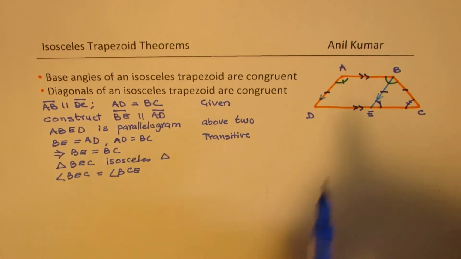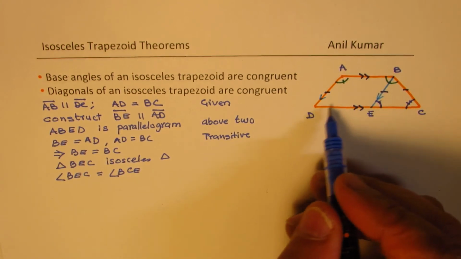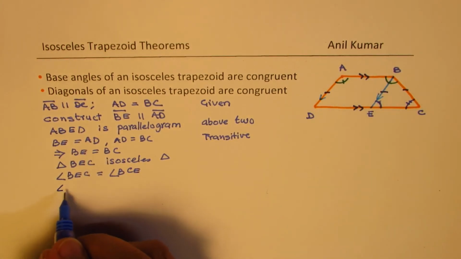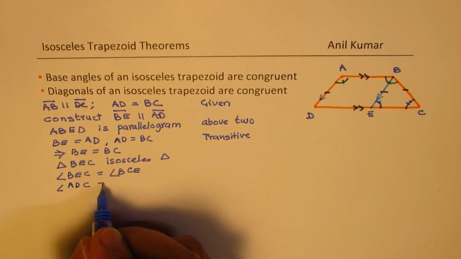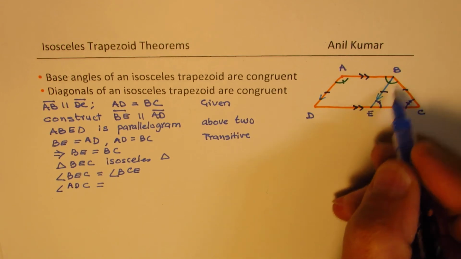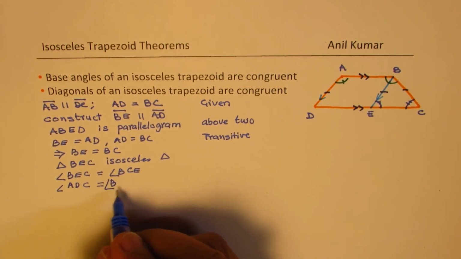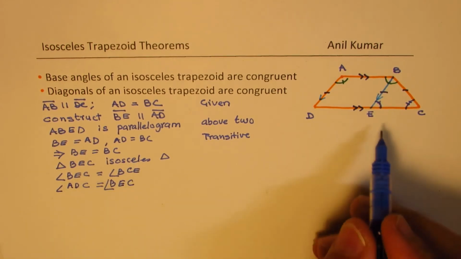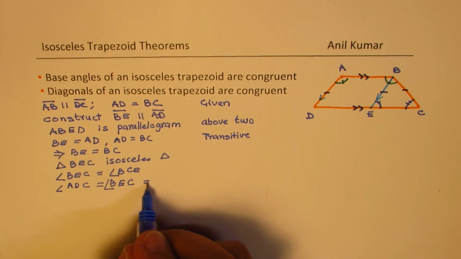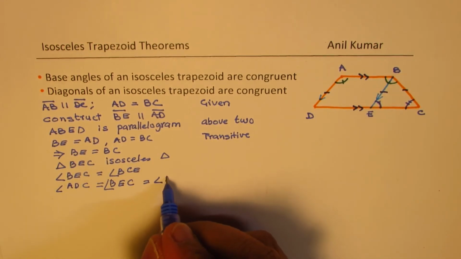Now, what we also know is that these are parallel sides. So the angle ADE, we can say ADC, is also equal to angle BEC. But earlier we have shown that BEC is equal to angle BCD, right?